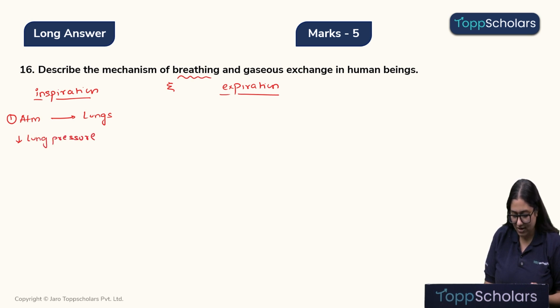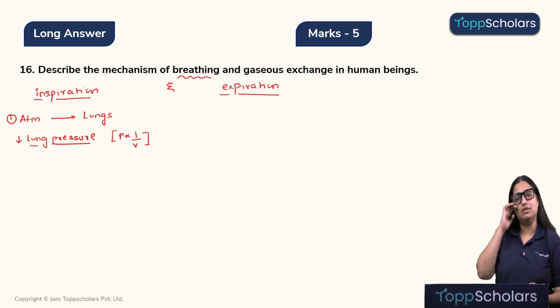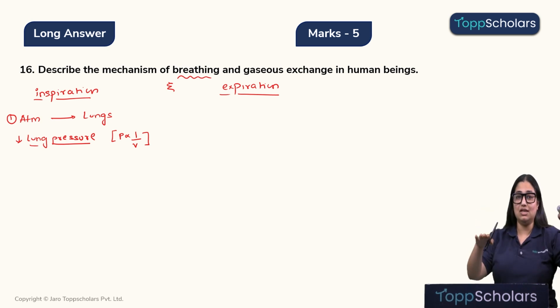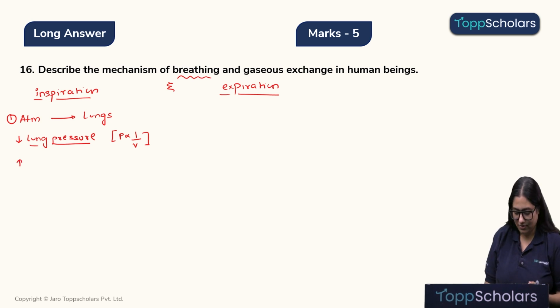Now, how will we reduce the lung pressure? So we need to remember the formula that pressure is inversely proportional to volume. So if we want to reduce the lung pressure, we need to increase the lung volume. That means we need the lungs to expand. Alright. So we will increase the lung volume.